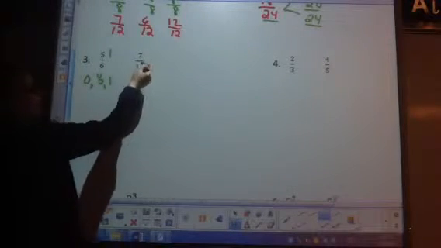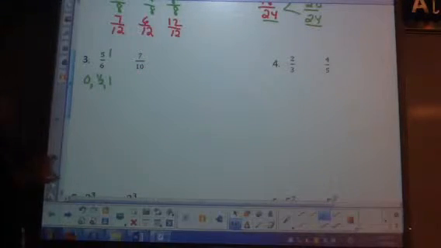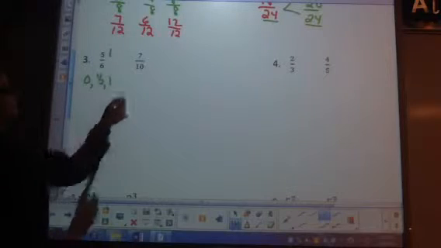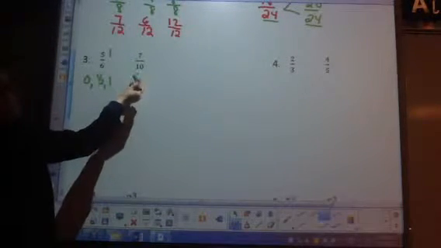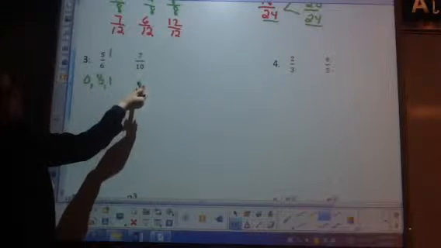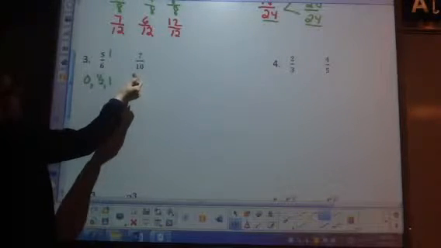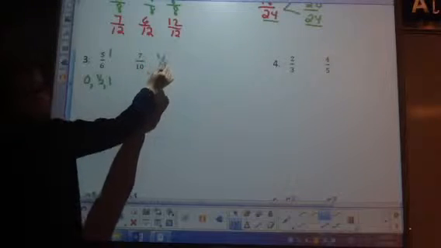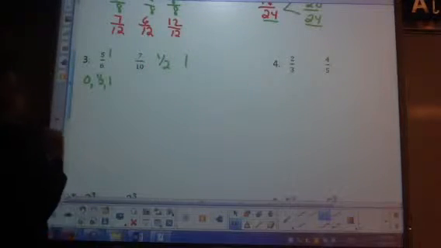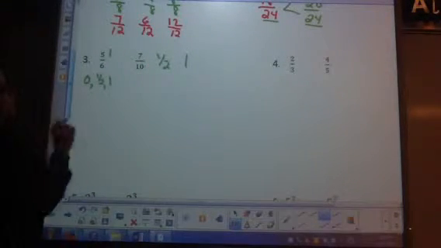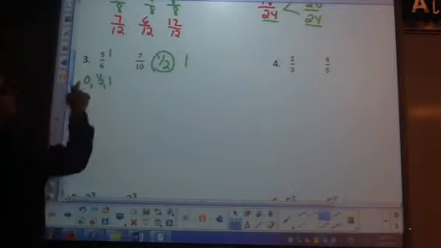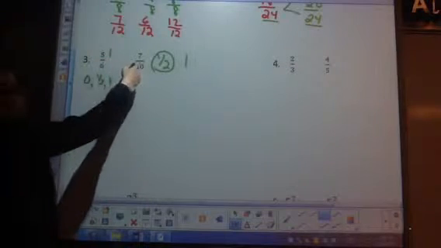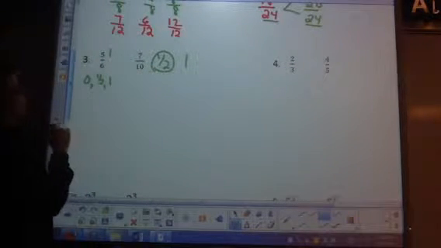Okay, 7/10. Well, what's half of 10? 5. So 5/10 is to the left of 7/10. So this is between 1/2 and 1. It's kind of closer to a half. So for 5/6, the benchmark is 1. 7/10 is closer to a half.